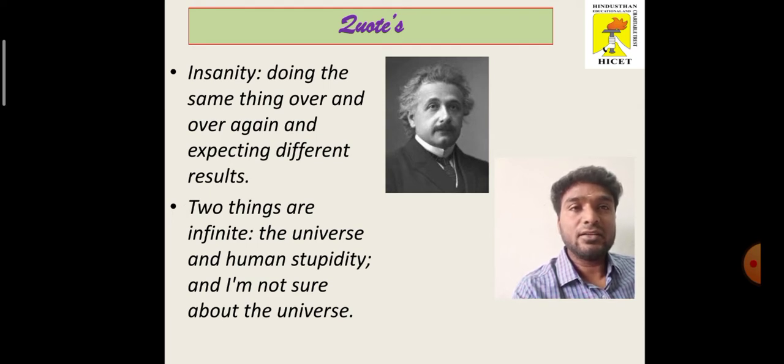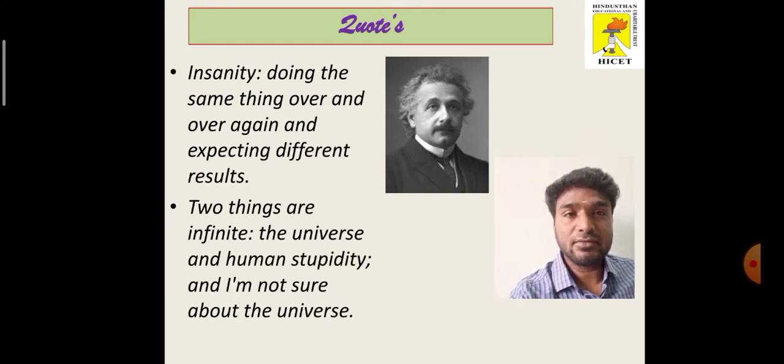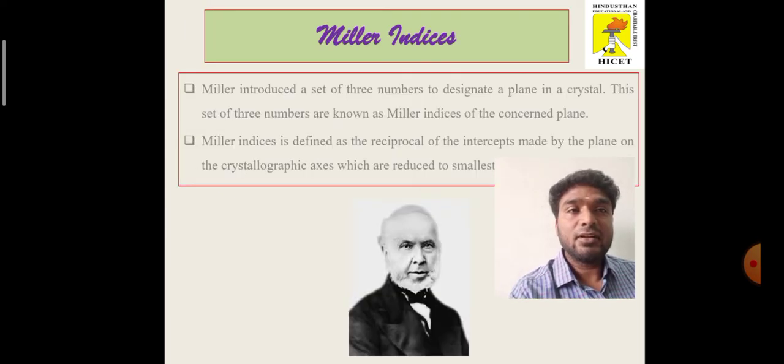But according to the point of view of Albert Einstein, insanity is nothing but doing the same thing over and over again and expecting different results. The next quote: two things are infinite, the universe and human stupidity, and I am not sure about the universe.